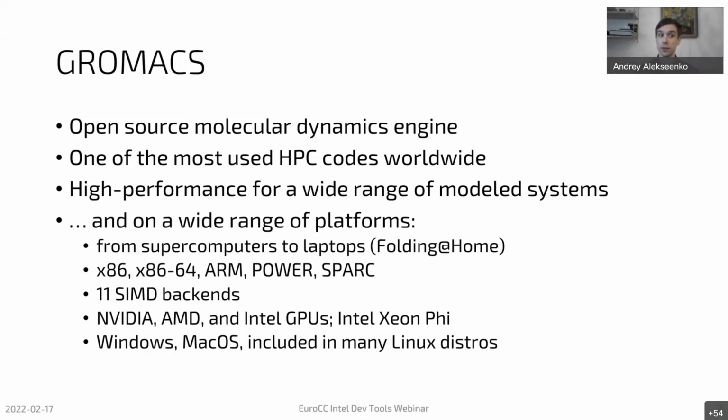So besides x86, we support ARM, Power, we support multiple SIMD backends, and we support all three major vendors of GPUs for offloading some of the operations. And GROMACS is included as part of many Linux distributions, and it's tested to work reasonably well on Windows and Mac, although Linux is our primary target.